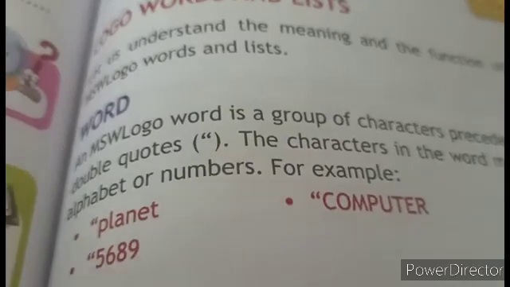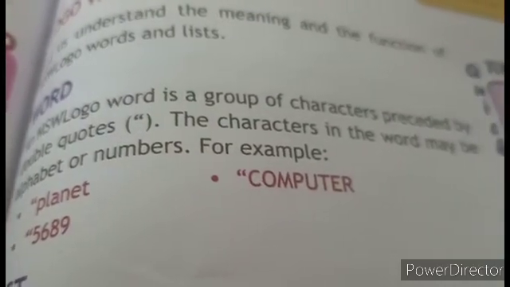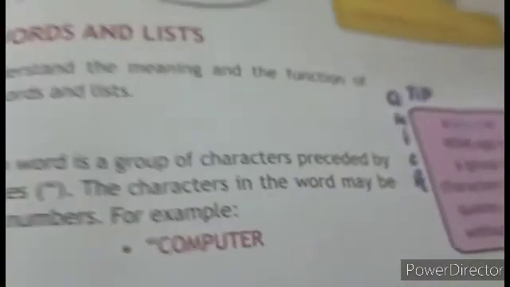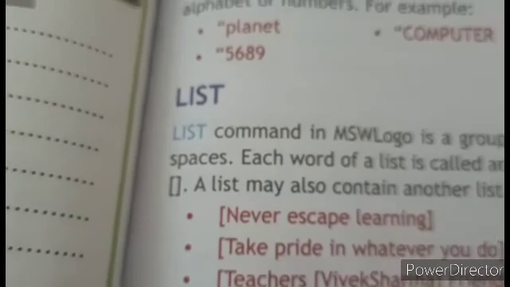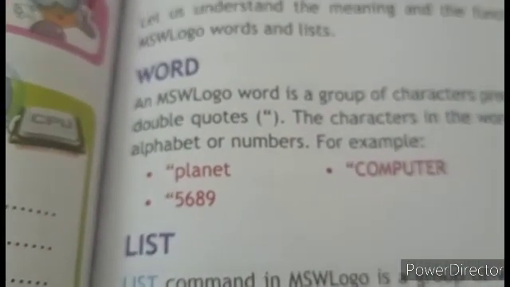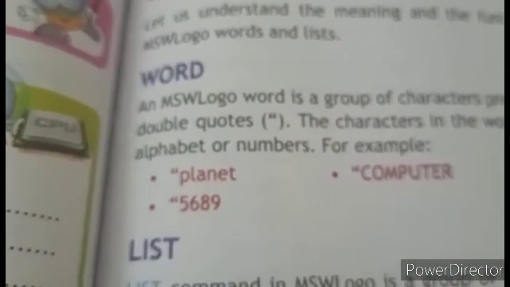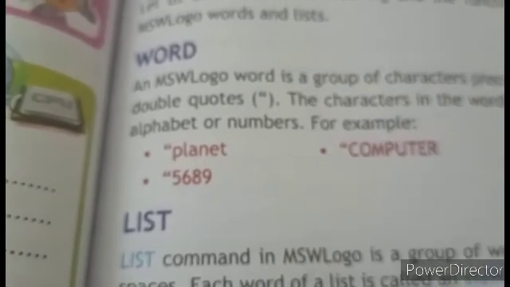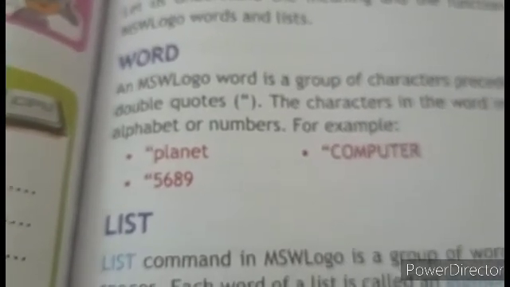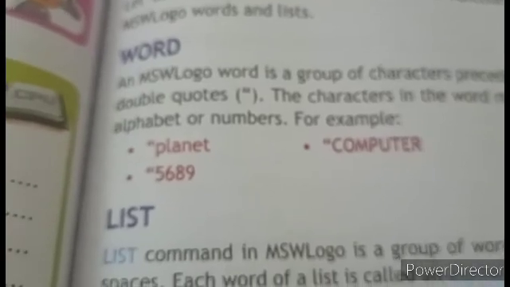First, as described in your book, an MSW Logo word is a group of characters preceded by a double quote. The first example given here is how to display a word. As you already know, the PR or print command is used to display something.